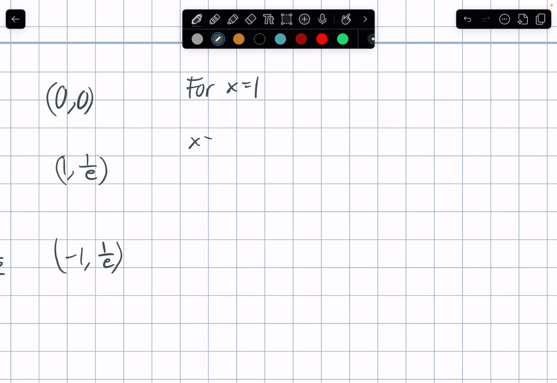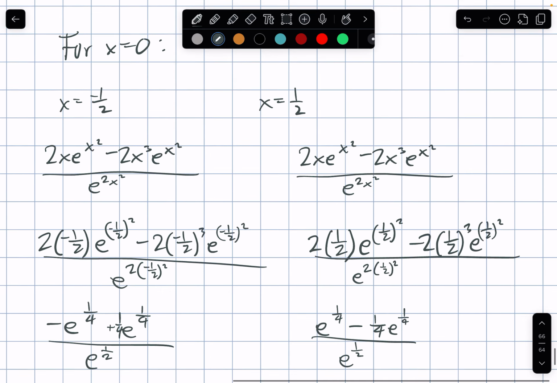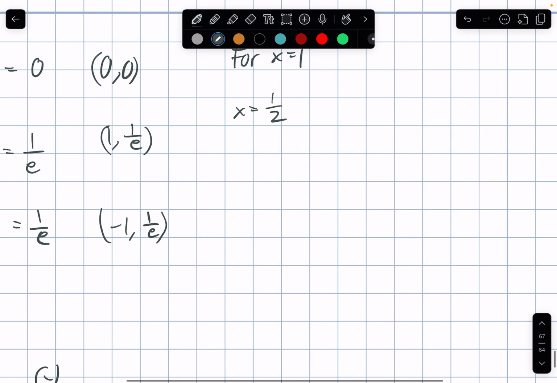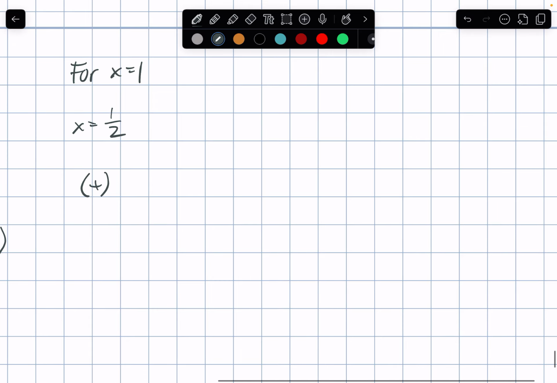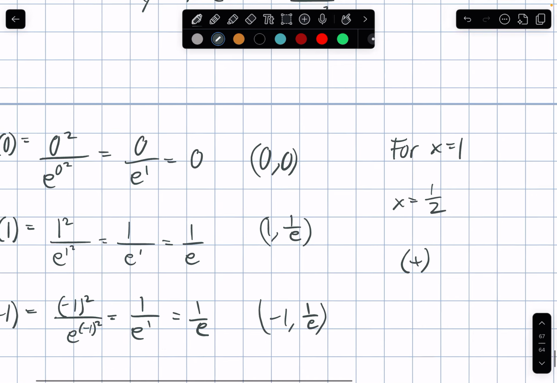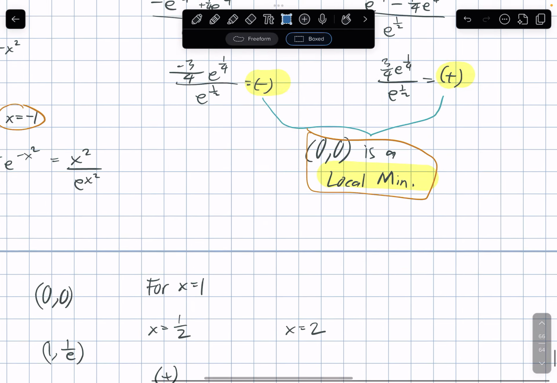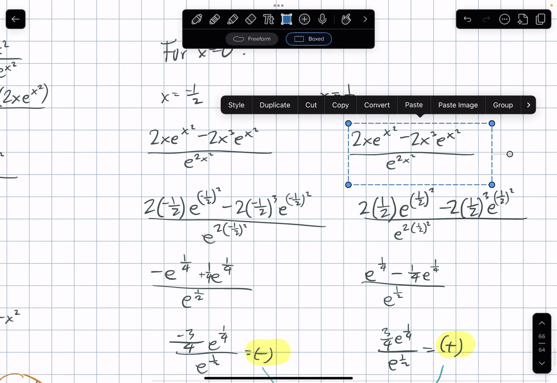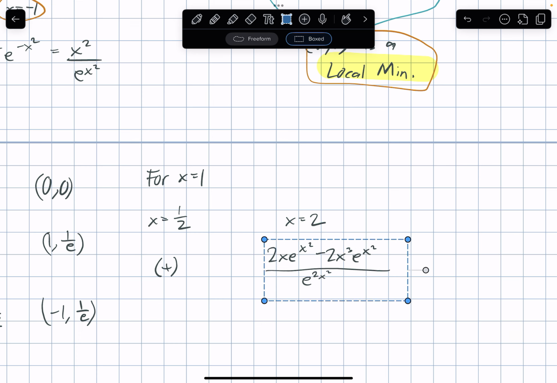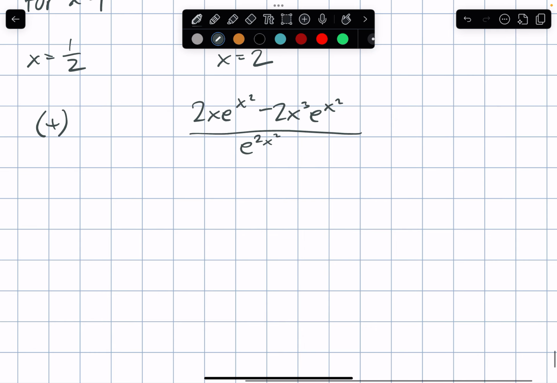For x is equal to 1, we can say from the left, it's 1/2. Same thing. What we found for 1/2 turns out to be positive, so we don't have to repeat the same process. What's at the right of x equal to 1? 2. 2 is not considered a critical point, so we can use it. So again, the first derivative, substitute.